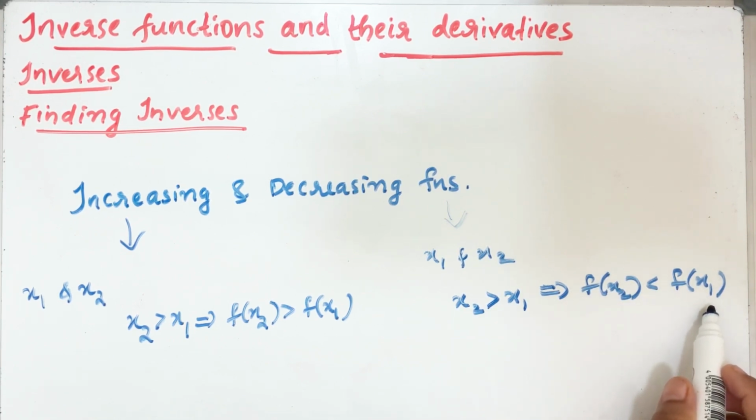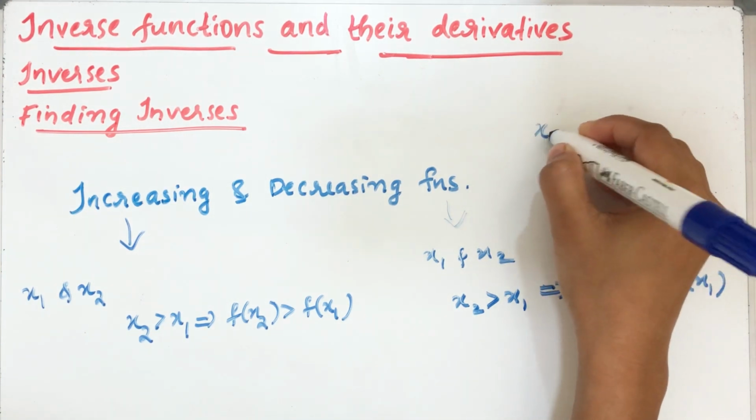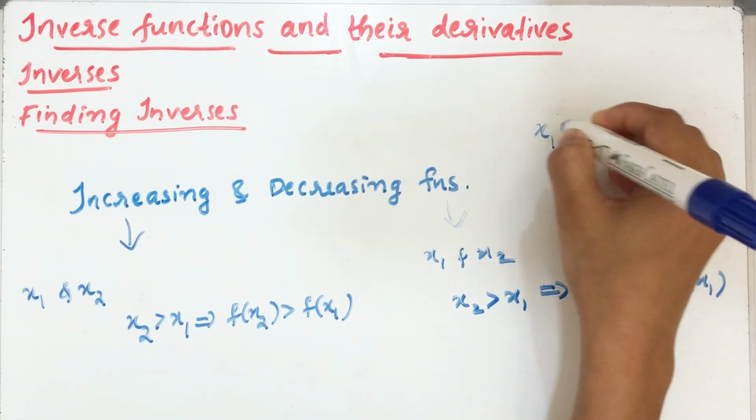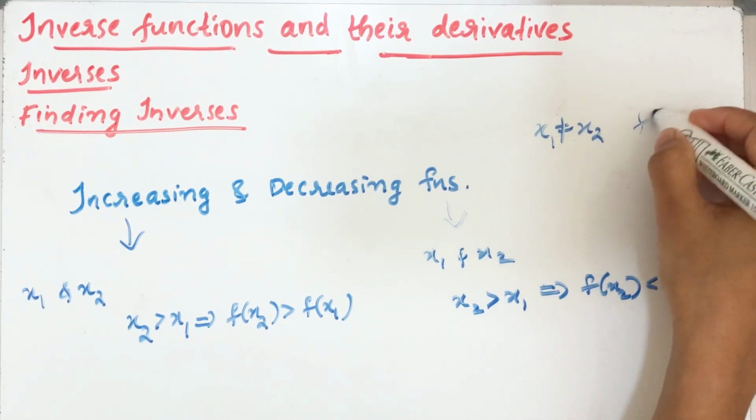That is a decreasing function. Or we can say if x1 less than x2, then f of x1 greater than f of x2. Increasing and decreasing functions are always one-to-one. A function is one-to-one if for any two distinct points x1 and x2, that is x1 not equal to x2, then f of x1 is not equal to f of x2.